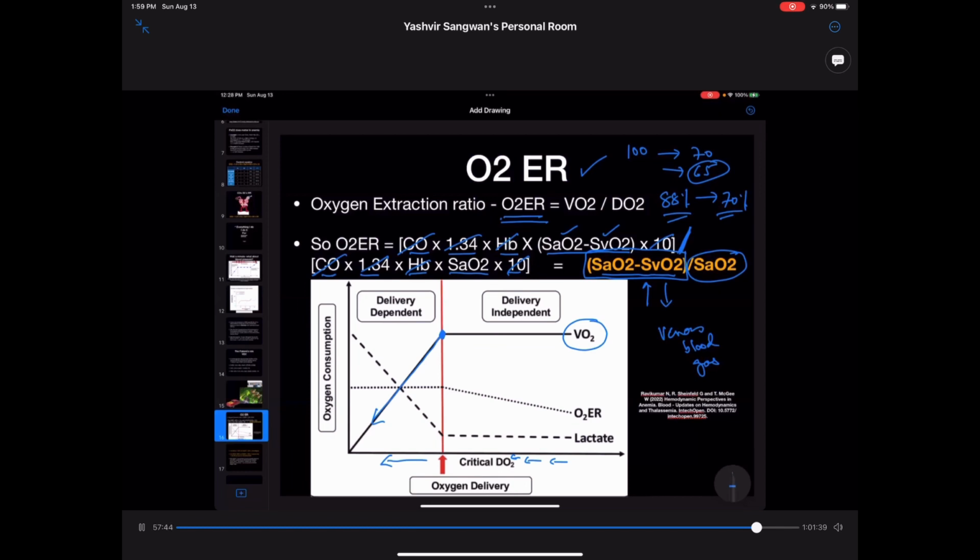And if that venous blood gas shows a saturation of 70% or an oxygen extraction ratio of 30% or less, I am happy, I have done good. If it shows an oxygen extraction ratio of 40% or 50%, I try to understand what can I do to make my delivery of oxygen more efficient and better for this patient.